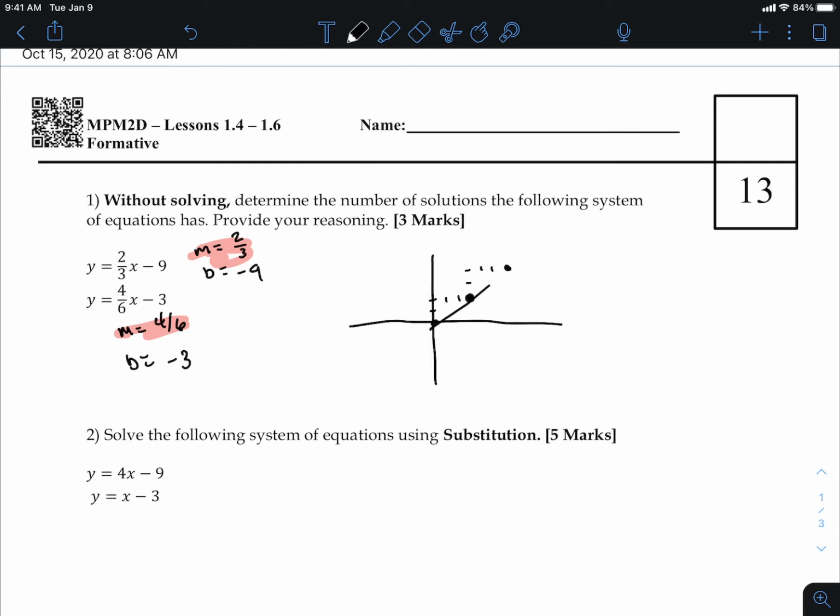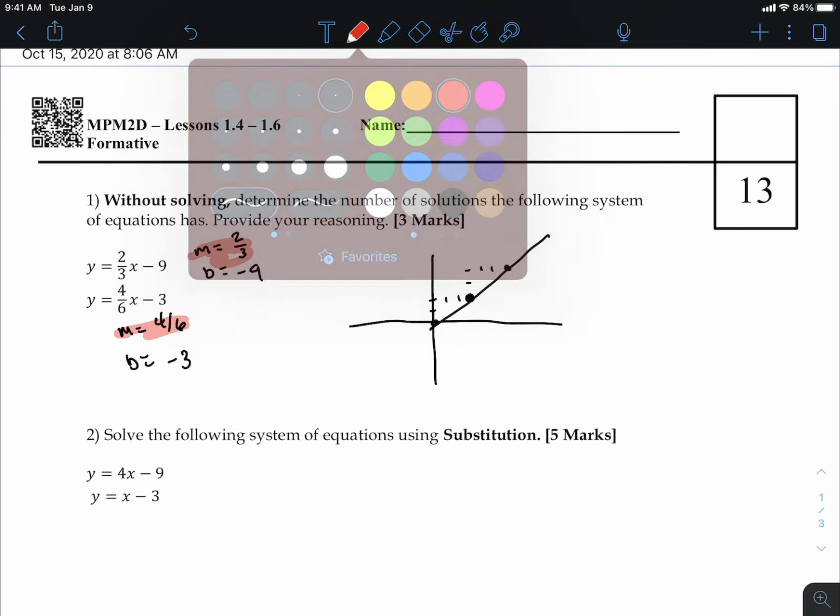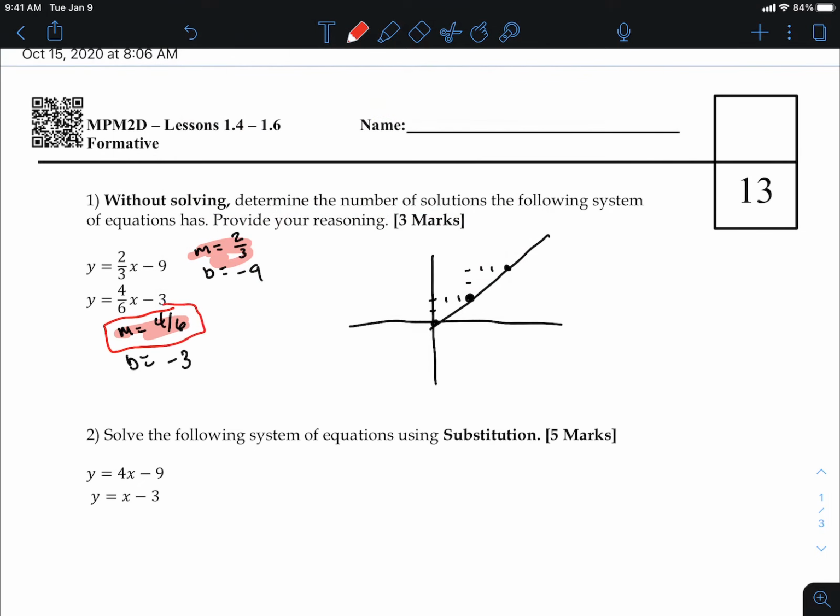There would be my line. But if I decided to plot this slope, I would go up 4 and right 6. Can you see how they're the same slope? They're just twice as big.